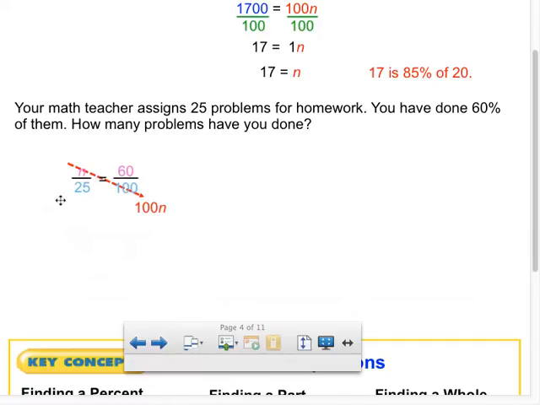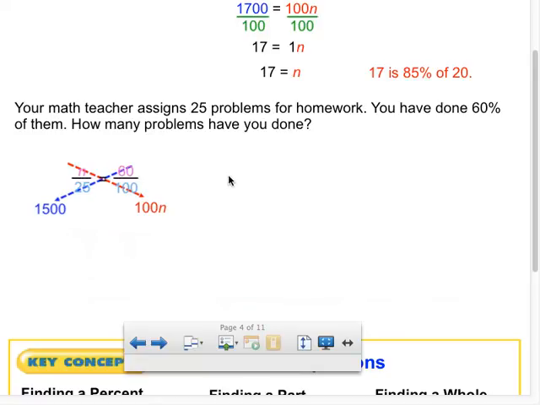Audrey, can you tell me what the other cross product is when you're finished? Very good. If you got 1,500, you're correct.